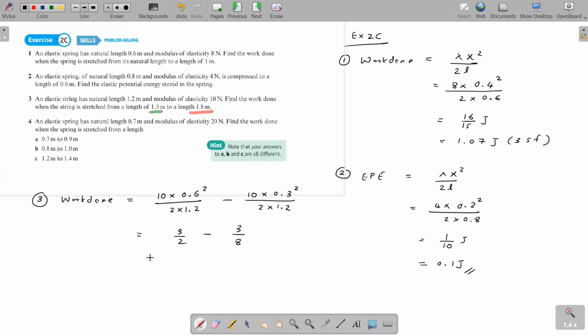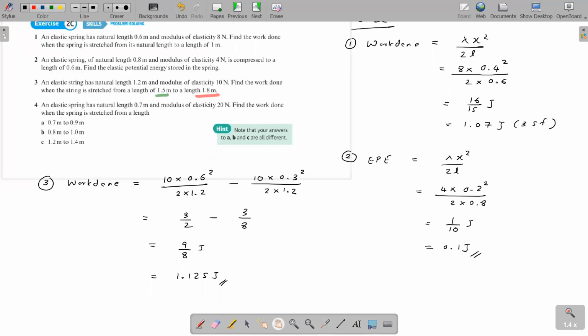When you subtract, how much is it? 9 over 8, which is how much in decimals? 1.125 joules. You can keep it as an exact answer as well. No worries. Okay, is this clear?